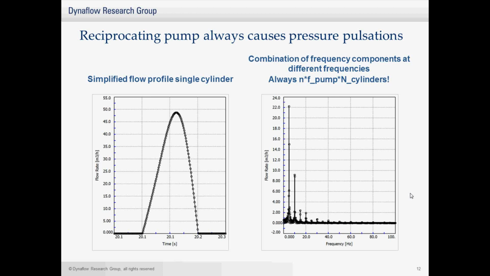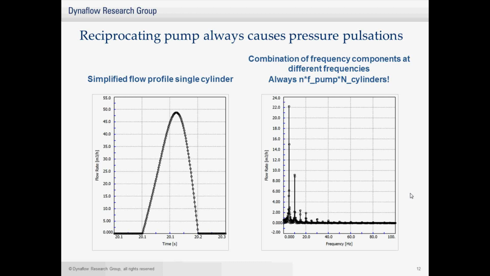And these frequencies are always an integer times the frequency of your pump times the number of cylinders. There's no chance there will be any intermediate frequencies. So if the frequency of your pump is 5 Hz and your number of cylinders is 3, you always get frequency components at 15 Hz, at 30 Hz, at 45 Hz, and so on.